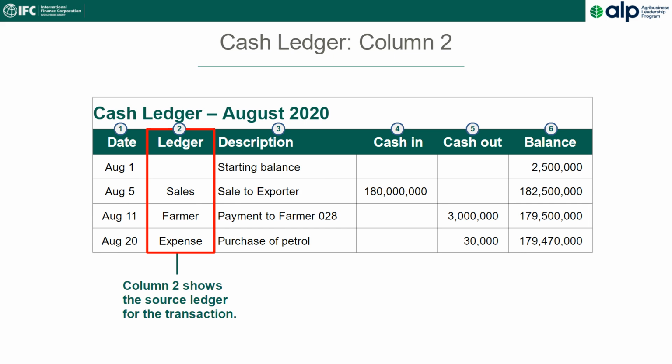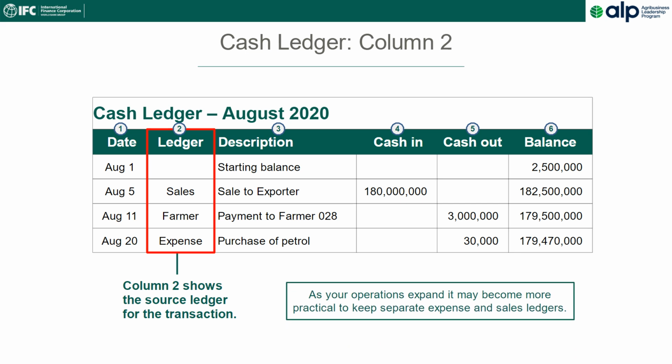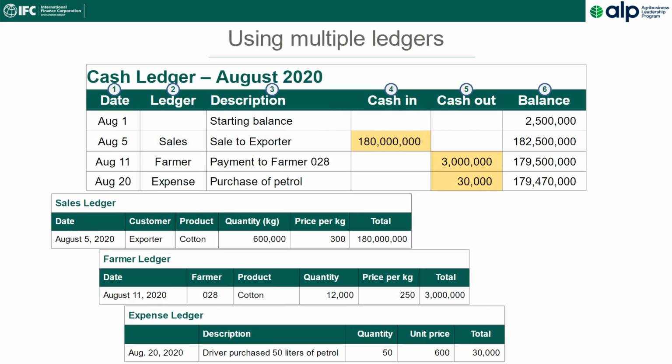Although some businesses only maintain a single cash ledger, as your operations expand, it may become more practical to keep separate expense and sales ledgers as well. These ledgers are the source of transactional data and feed the cash ledger so you can track your business's cash balance. When you use multiple ledgers, you will enter details of each monetary transaction into two ledgers.